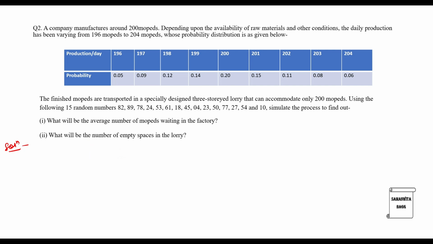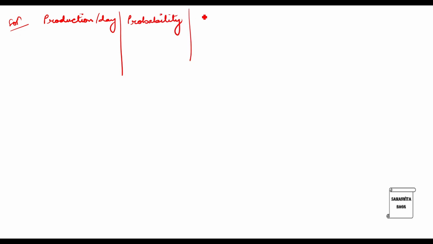Like before we were talking about the daily demand of the cake. Here we are talking about the production per day. So I will draw the table now. First I will draw production per day. Then we will talk about the probability that is given. Third one will be always the cumulative probability given.